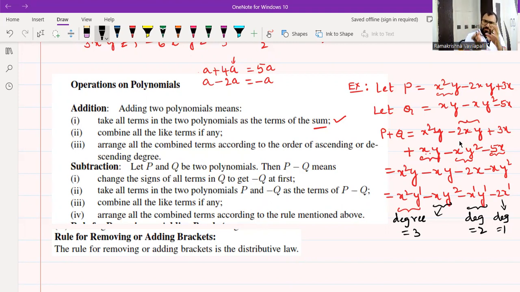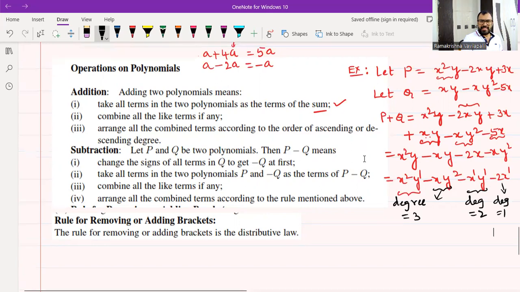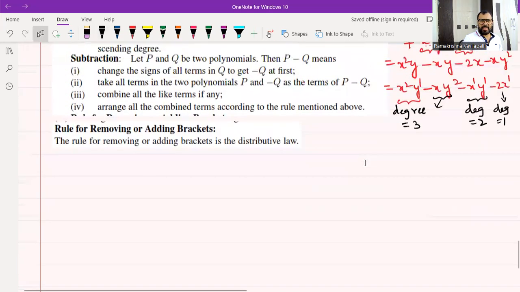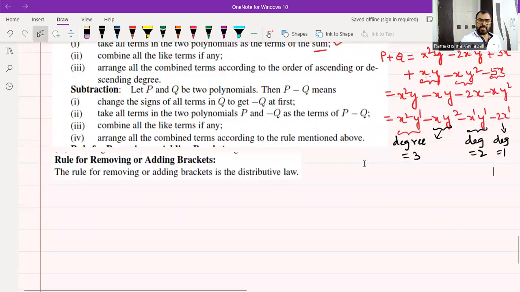So whatever we have done for addition of two polynomials, the same technique can be applied for subtraction of polynomials. But subtraction of polynomials is a little different from addition of two polynomials. In this, there is a big point: what is the rule for removing or adding brackets?